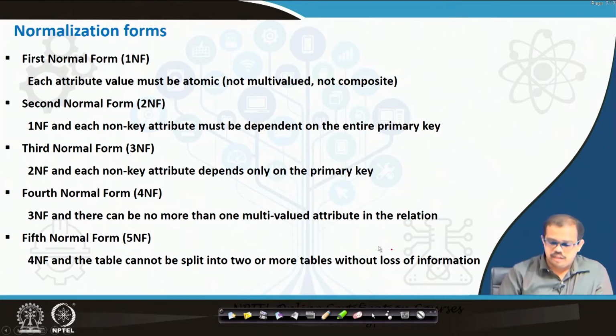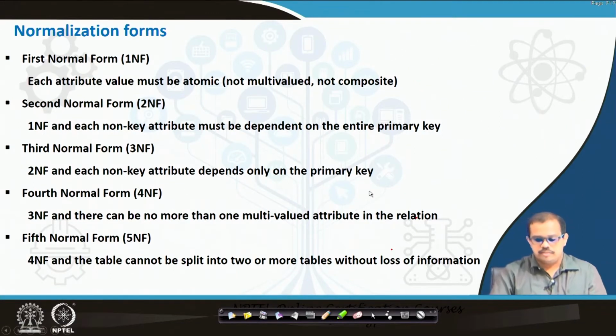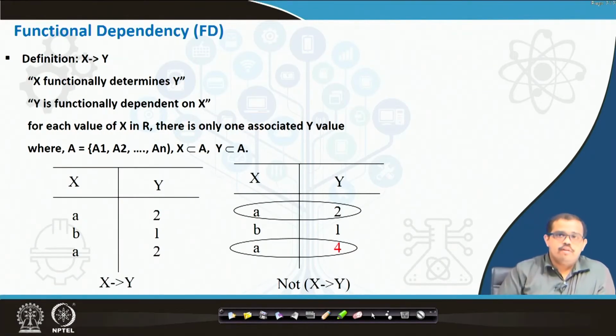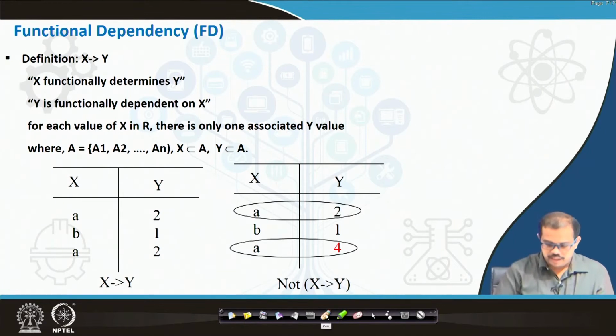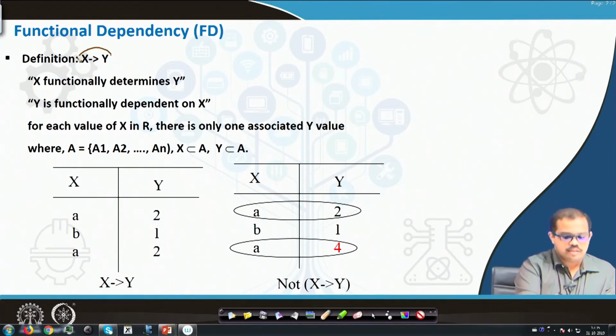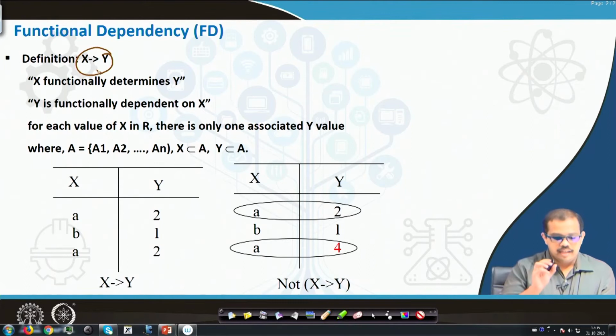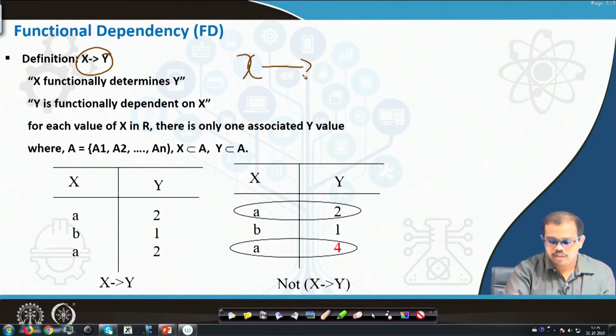Now, when we are looking at the normal forms, the first thing we have to understand is the concept of functional dependency. When I say y is functionally dependent on x, it means that the value y survives because of x.